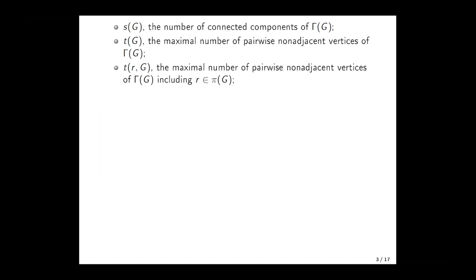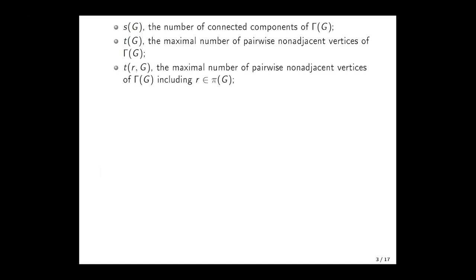I'll introduce some definitions and notation. By s(G), we denote the number of connected components of the prime graph. t(G) is the independence number, the maximum number of pairwise non-adjacent vertices of Γ(G), or just the maximal size of a co-clique of the graph. t(r, G) is the r-independence number, that is, the maximal number of pairwise non-adjacent vertices of the graph, including the vertex r.